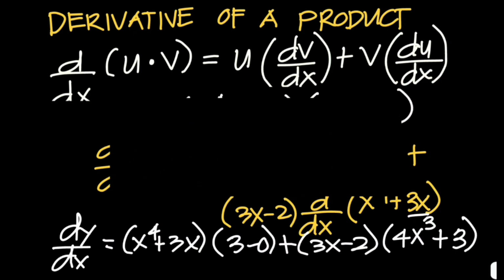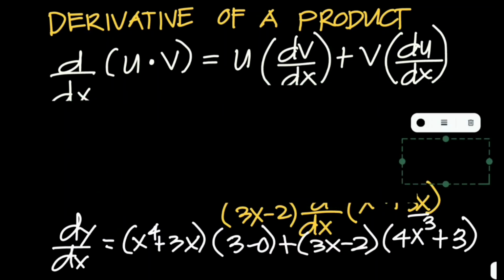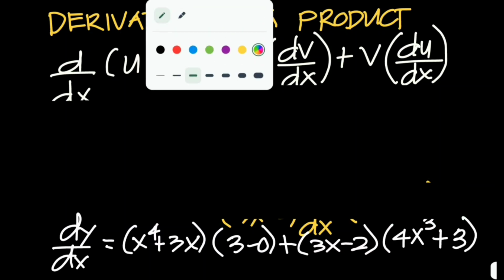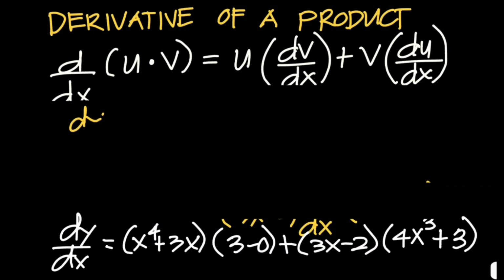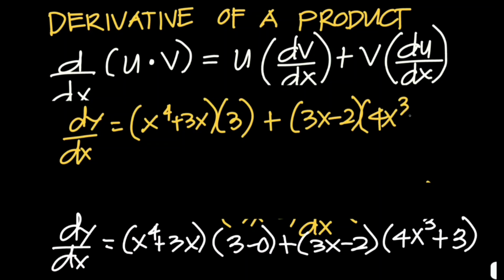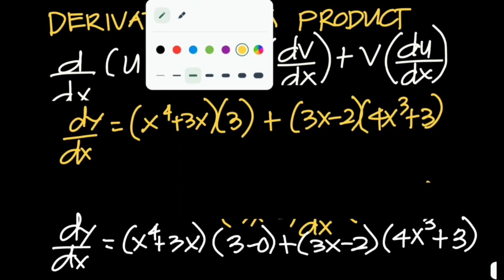Then we simplify this. So we have dy over dx is x to the fourth plus 3x times 3 plus 3x minus 2 times 4x cubed plus 3.